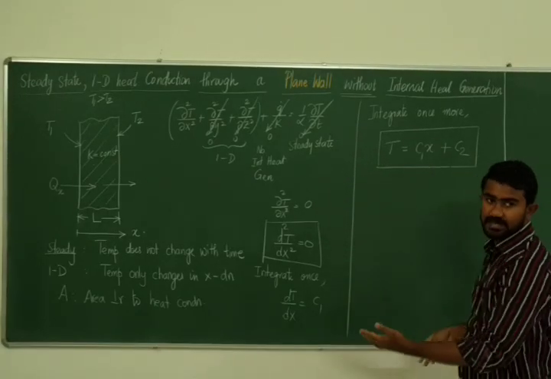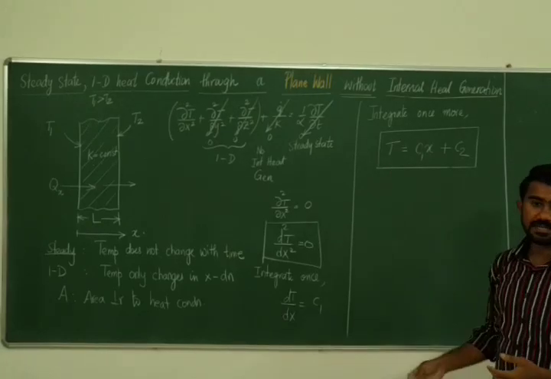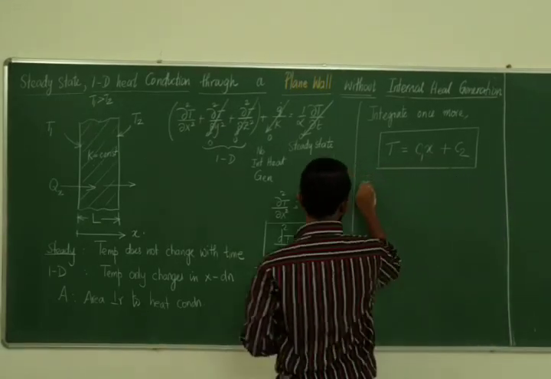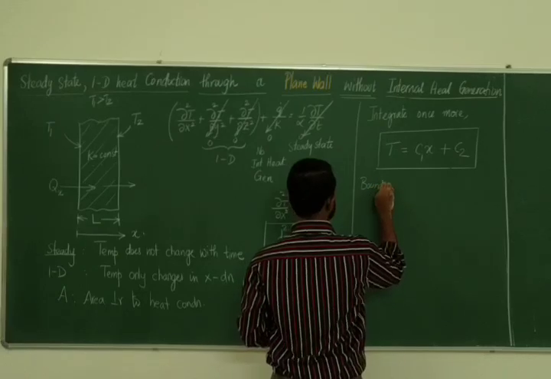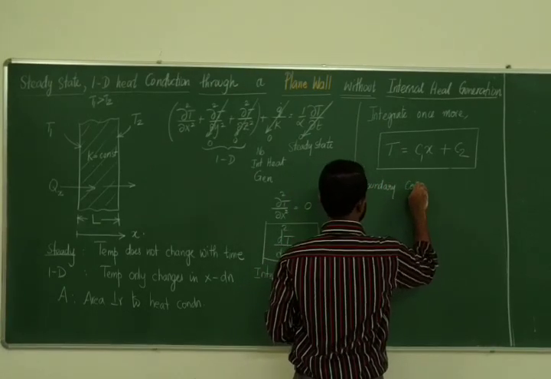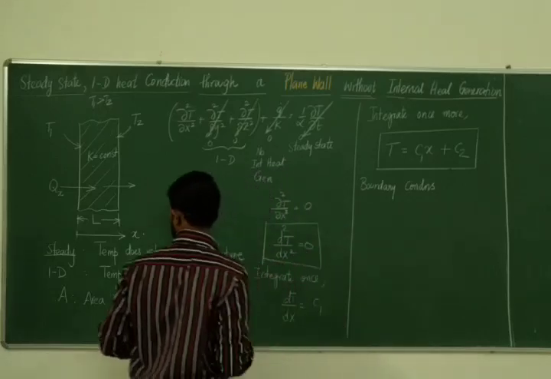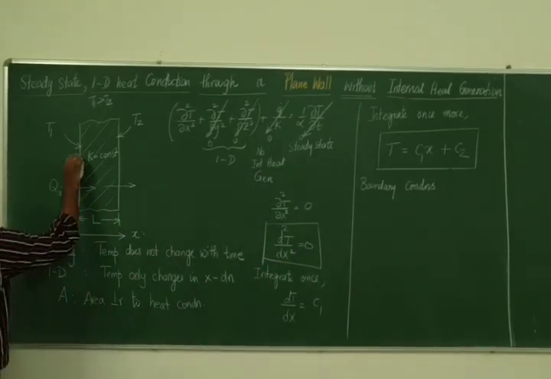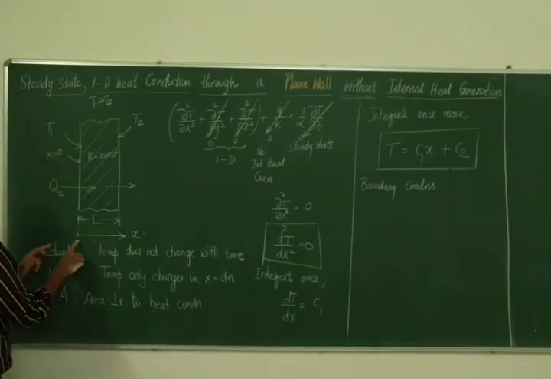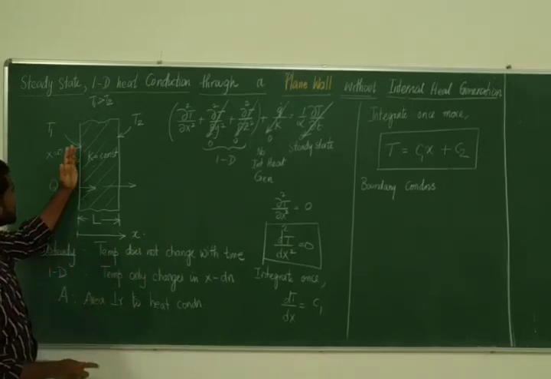The left boundary is at temperature T1, the right boundary is at temperature T2. So let me write the boundary conditions. The first boundary condition, see this point is x equal to 0. I told you the x-axis starts here. So this is x equal to 0.